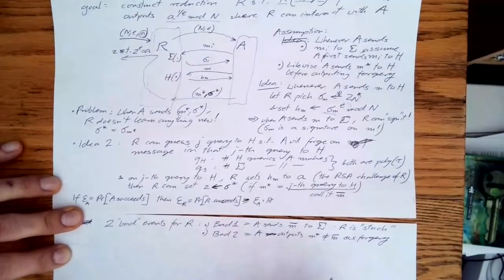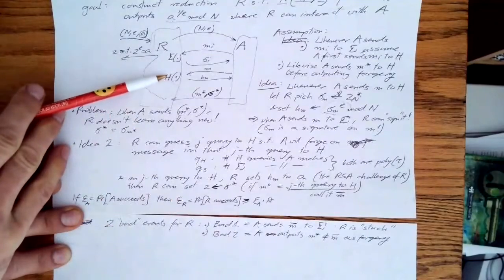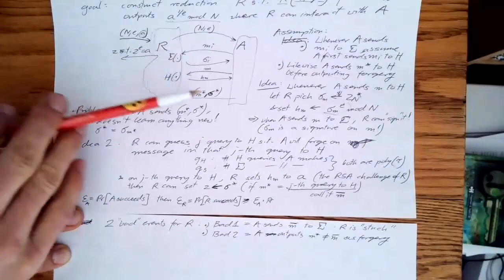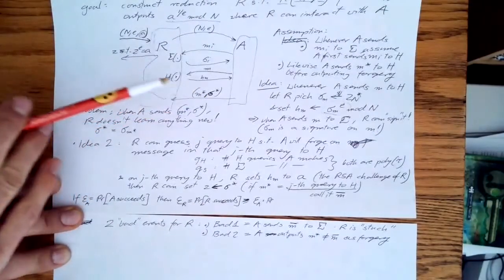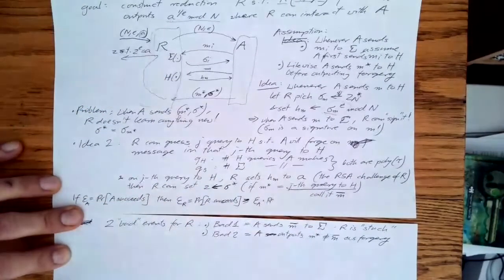And all the forgery on all other messages is useless because the reduction knows the e-th root of the corresponding hashes. The only useful forgery is the one that corresponds to the JS hash, namely M hat. Okay, so what are the probabilities of these two?